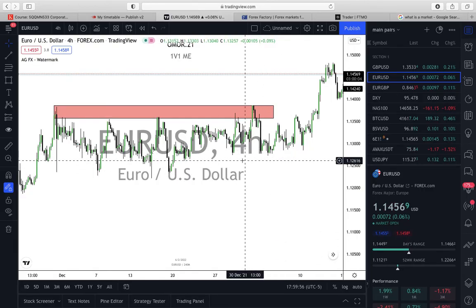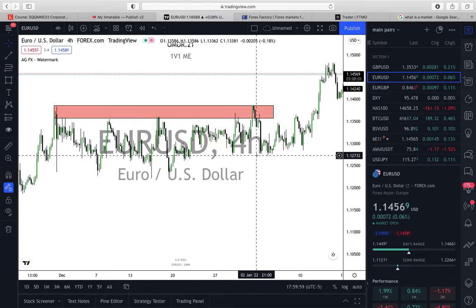There's buyers holding the line. Do you really think there's buyers holding the line? Do you really believe that? No, it's not that. The market is engineered to take liquidity and deliver it to other areas of liquidity.